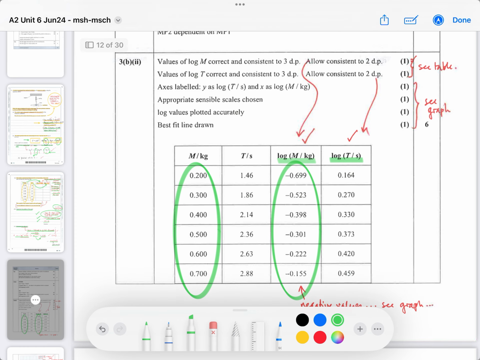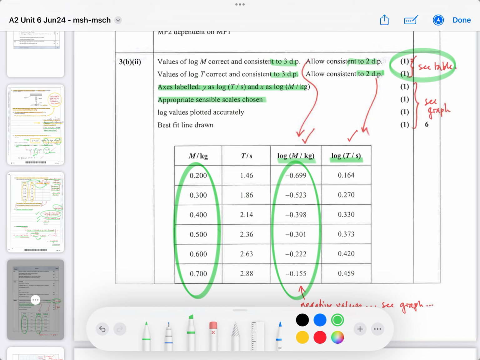So you get 2 marks for your table if you've done the data correct. Okay? Consistent to 3 decimal places or 2 decimal places. This is the first time I've seen the examiners not mentioning significant figures and correctly going to decimal places. Okay? And then your axes must be labeled as I said. Yeah? With the brackets as I've explained. You've got to choose sensible scales. And we'll have a look at the sensible scales.